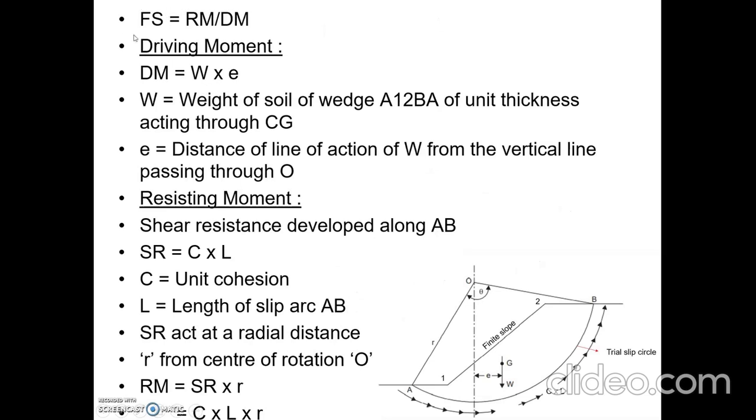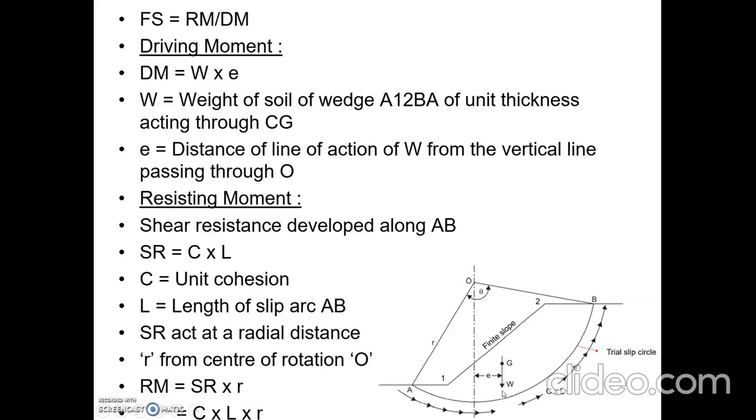We know that the formula to find factor of safety is resisting moment divided by driving moment. Now we need to know what is driving moment. Driving moment is nothing but force into distance. We know that moment is the product of force and distance. So here force is W, as we can see from the figure.